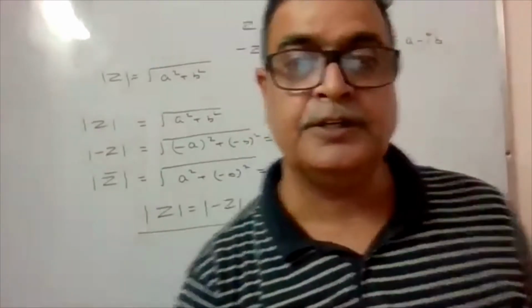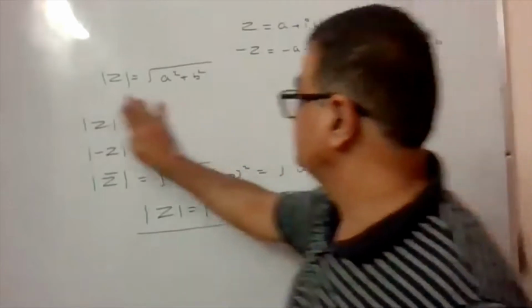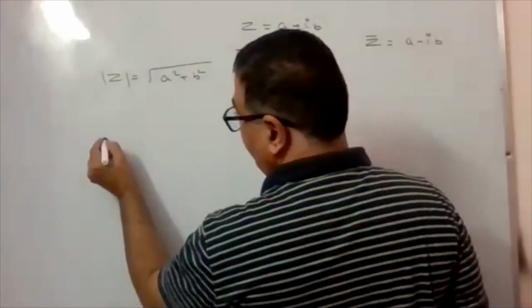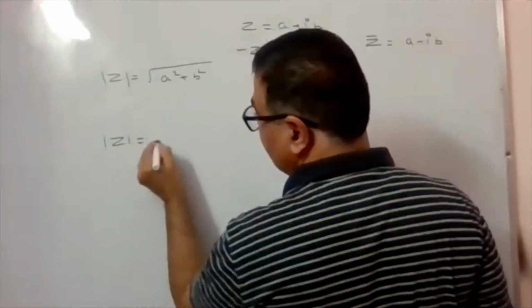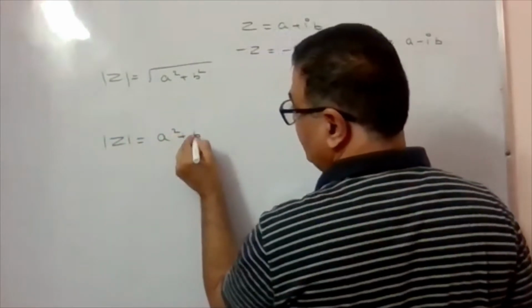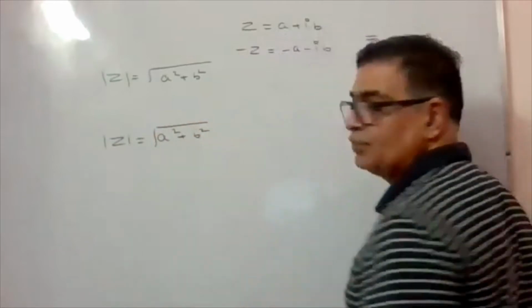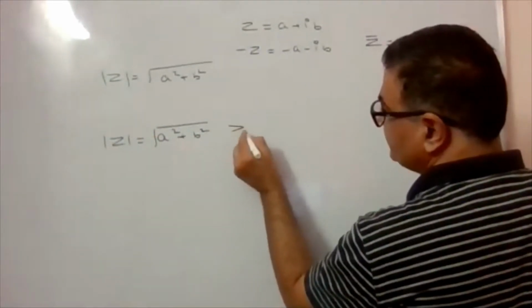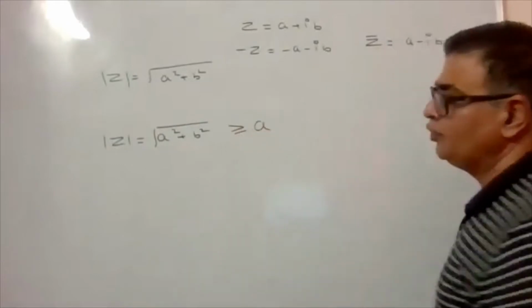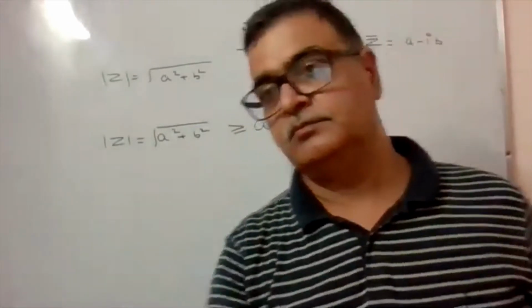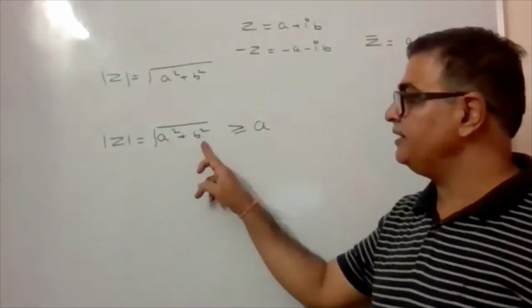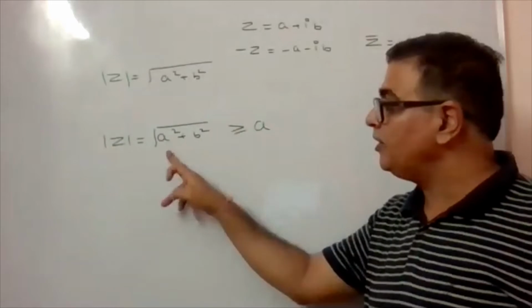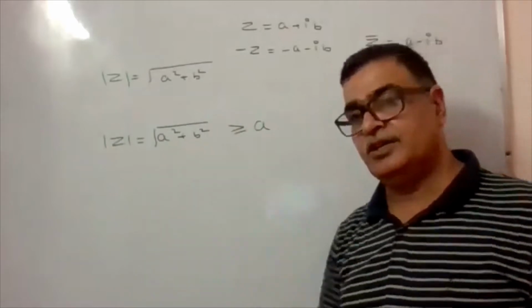Third property, note here. Modulus of a complex number, we know it is root of a² + b². Now it is clear that this quantity always comes out to be greater than or equal to a. Because if a is 0, then it is simply equal, but if it is not 0, it will always be greater than a.